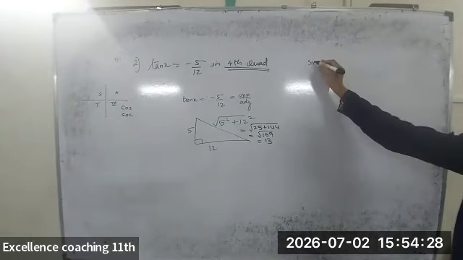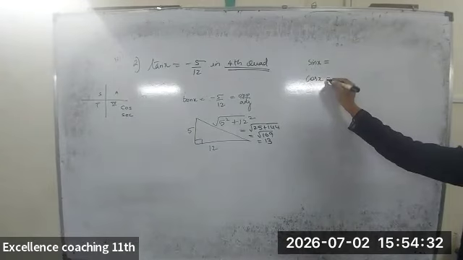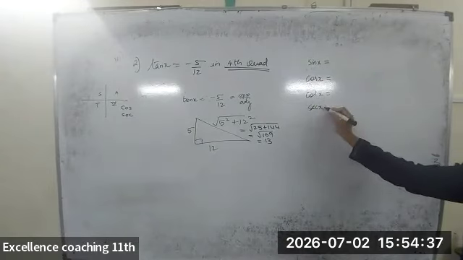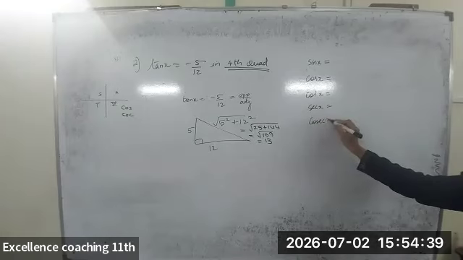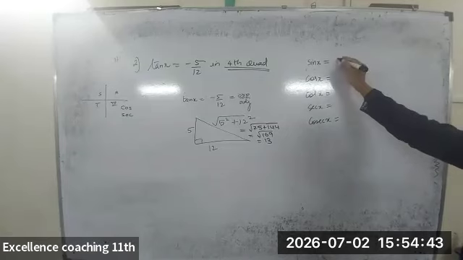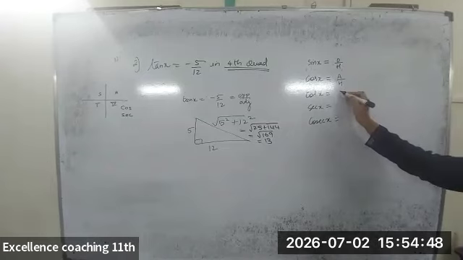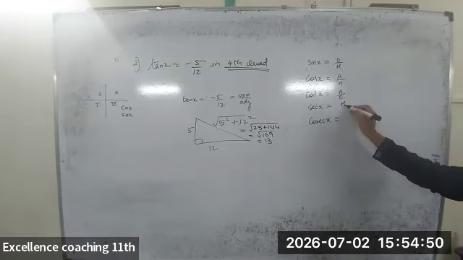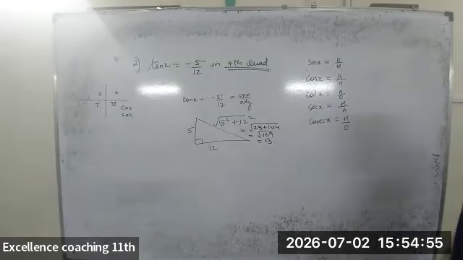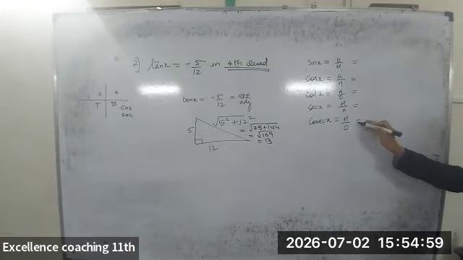Now write all the remaining five. Opposite upon hypotenuse, or O upon H, however you all write. Then adjacent upon hypotenuse.